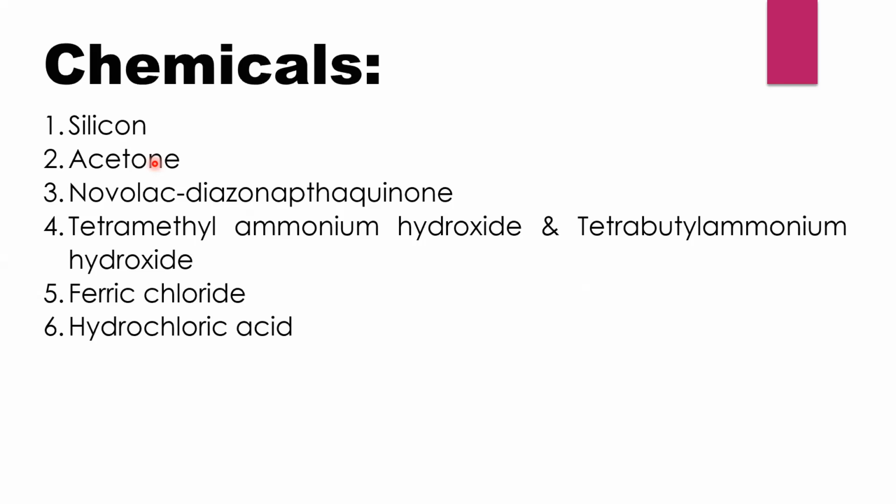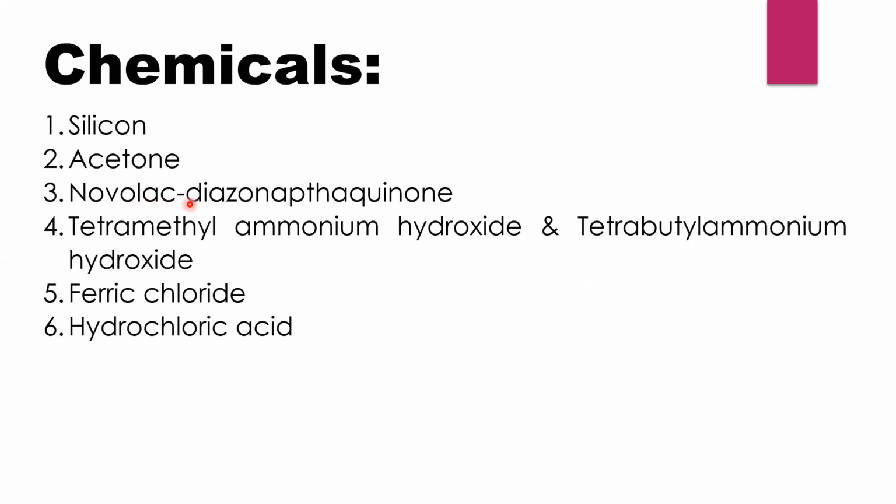Coming to the third chemical, which is a combination of novolac and diazonaphthaquinone. Novolac is the linear polymer of bakelite. Bakelite is the cross-linked polymer and novolac is the linear polymer of it. This combination is used as photoresist.